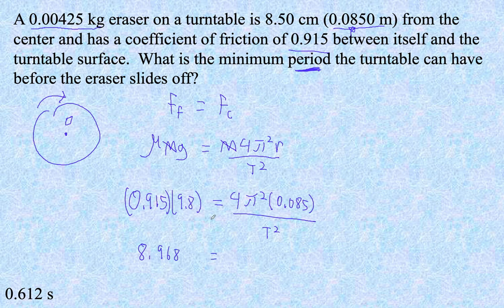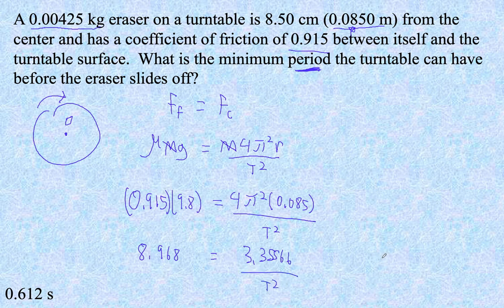I just did this side here, and then I'm going to do the numerator here. 4 pi squared times 0.085, and that's 3.35566 divided by t squared.